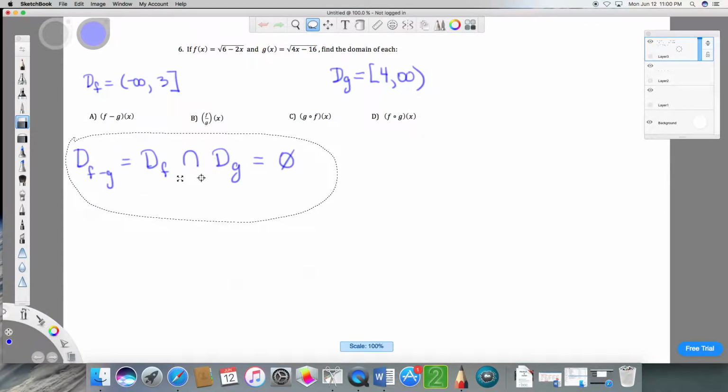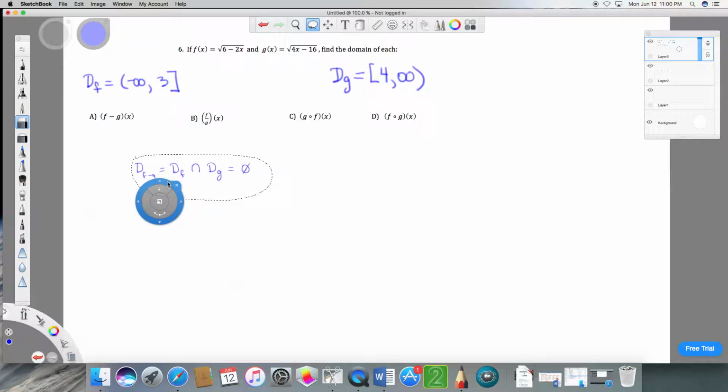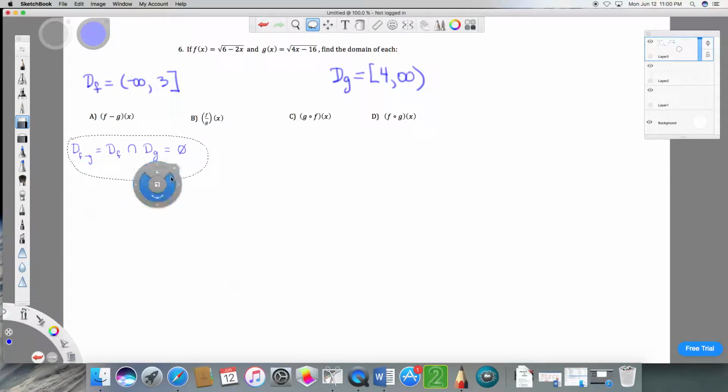What if we take the quotient? Well, to find the quotient, it's going to be the domain that we have in the previous part plus any added restriction. We can't divide by 0, but since this is the empty set, when you intersect that with anything else, you have to be in both sets.